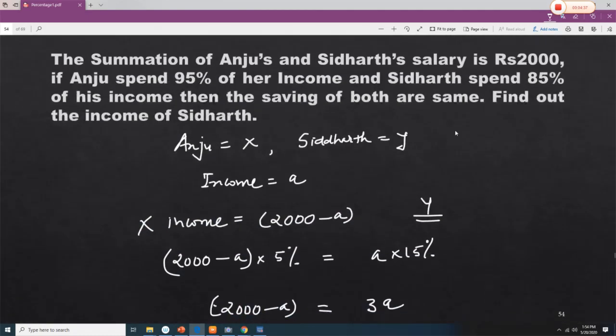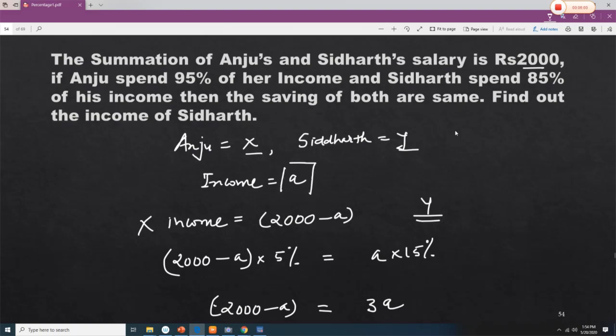The summation of Anju's and Siddharth's salary is rupees 2,000. So when I add Anju's income and Siddharth's income, it is called summation, and that summation is 2,000. If Anju spends 95% of her income and Siddharth spends 85% of his income, then the savings of both are the same.